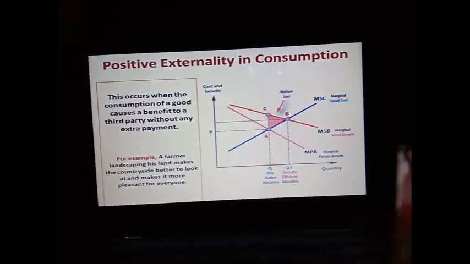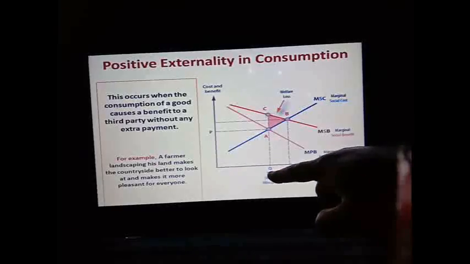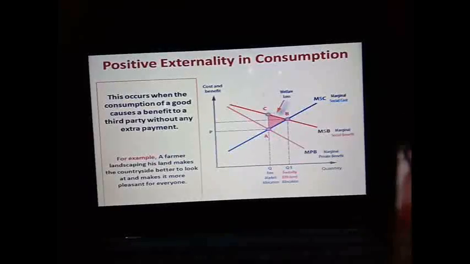So from the social point of view the quantity should be Q1, but the private individual fixes the quantity at Q. The difference between Q and Q1 shows there is under consumption, and that under consumption is nothing but a misallocation of quantity. That misallocation is called market failure, and it arises due to the positive externality in consumption.